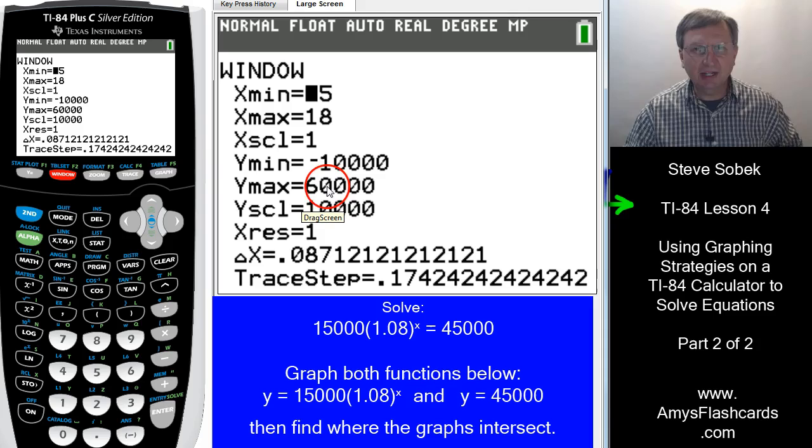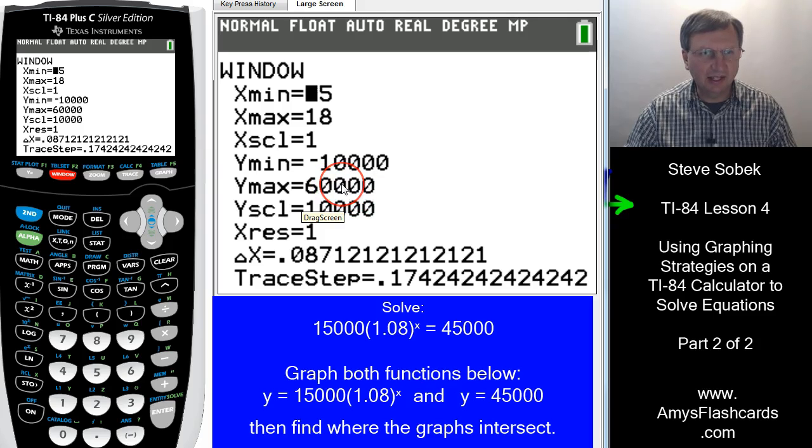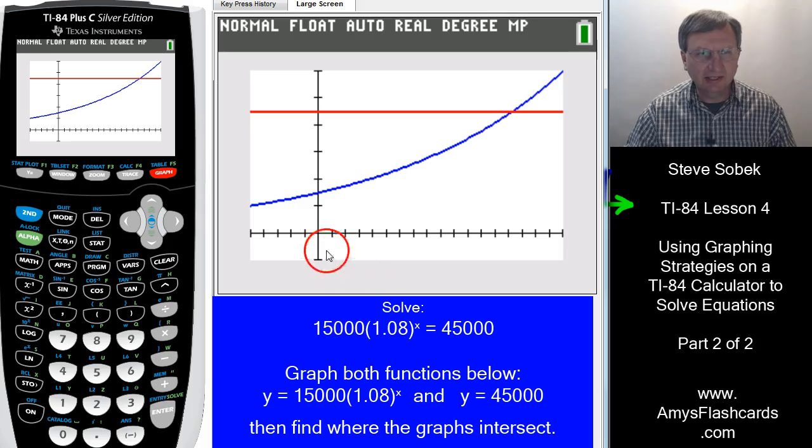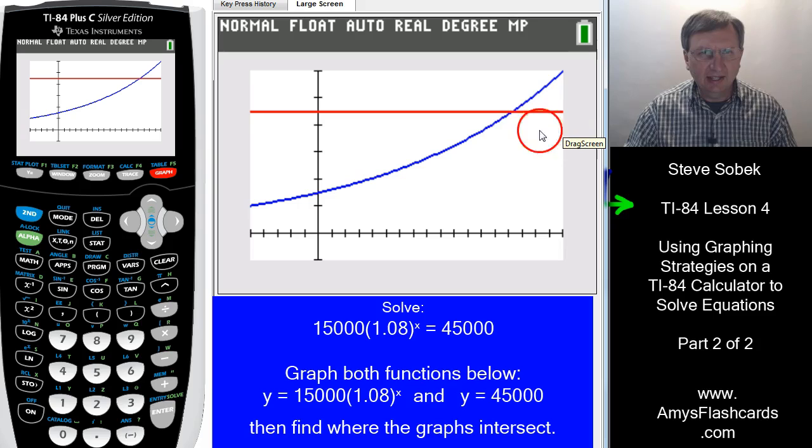We have a horizontal line up there at 45,000, so I have to certainly go a little bit above that, so I went up to 60,000 on the y-axis. And when we hit the graph button, we see the two functions. And we care about where these two lines intersect. That is the focus of our attention.